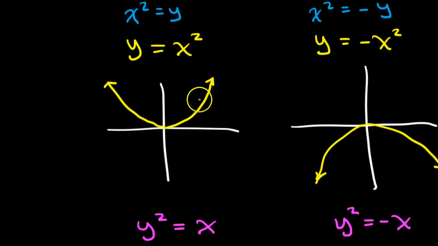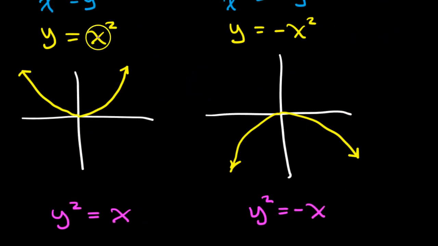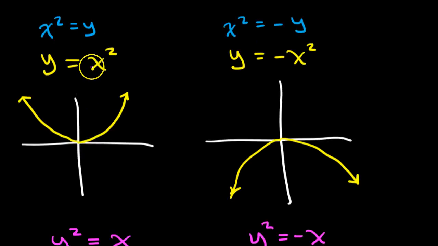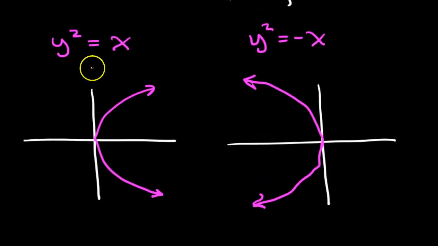So, in short, if the x is squared like usual, then it's going to be opening up or opening down like usual. But if the y is squared, which is weird, that tells you it will be sideways. If it's positive, it'll be to the right. If it's negative, it'll be to the left.